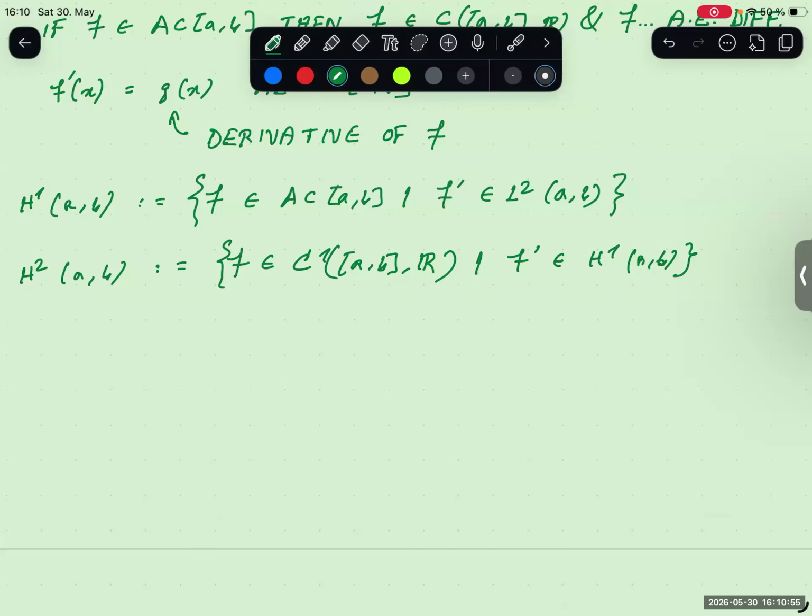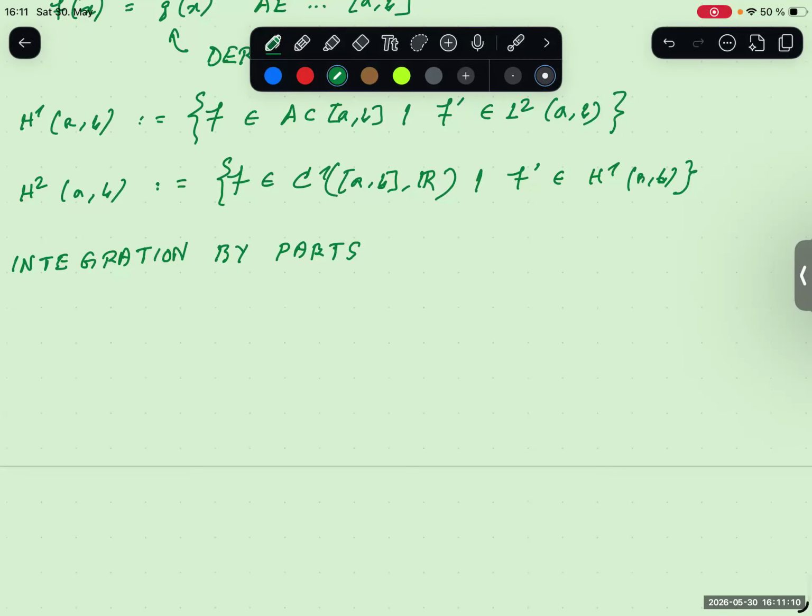Now we do integration by parts. And what does it say?